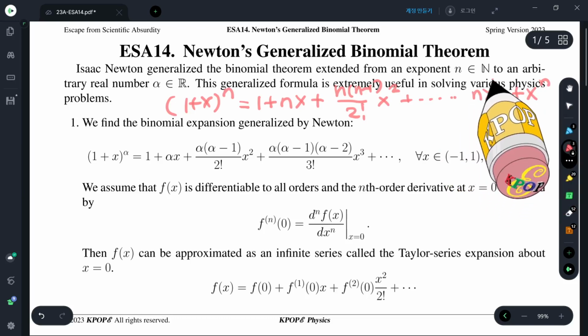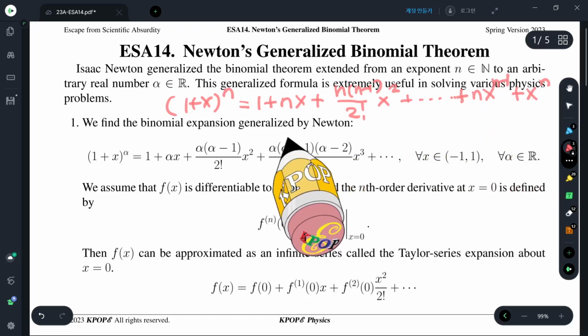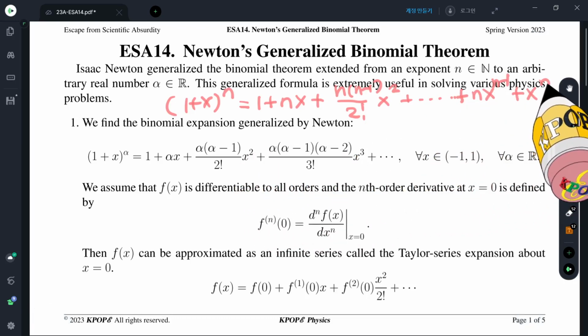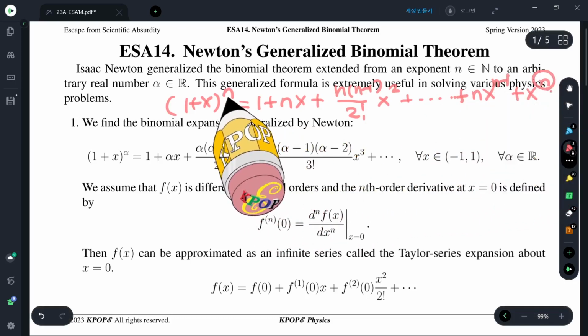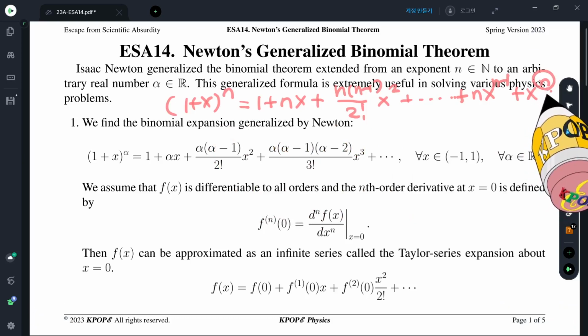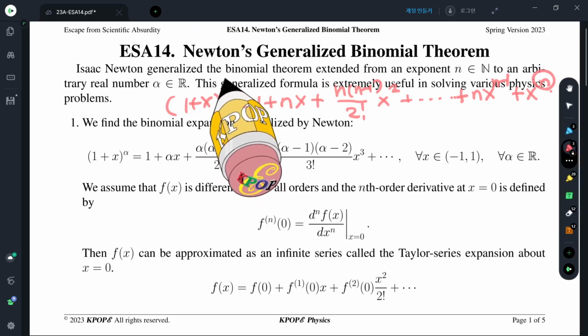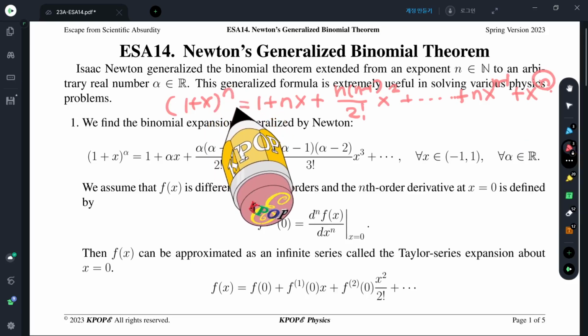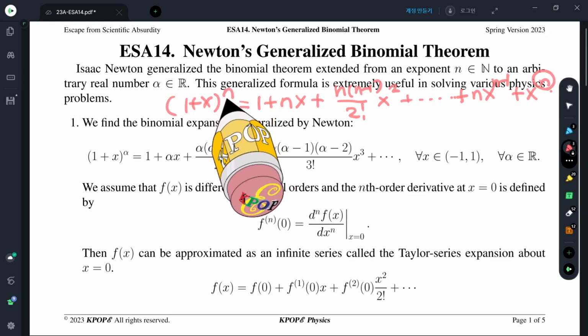The series terminates at x to the power n, in case n is a positive integer.